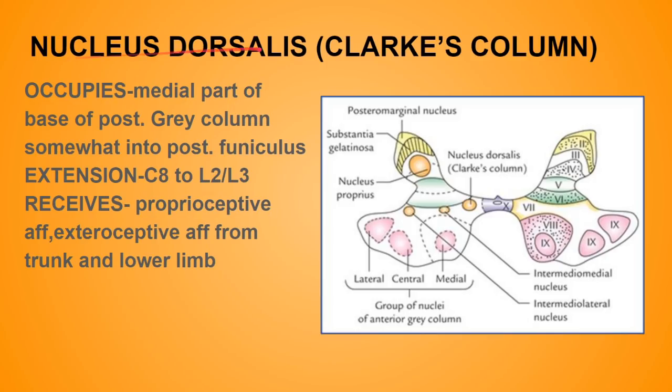Now the nucleus dorsalis or Clark's column. This nucleus dorsalis is present over here. As you can see, this is the nucleus dorsalis, Clark's column, in the medial part of the base of the posterior horn of the gray matter of the spinal cord. It extends from C8 to L2 or L3 level and receives proprioceptive afferent fibers from the trunk and the lower limb.